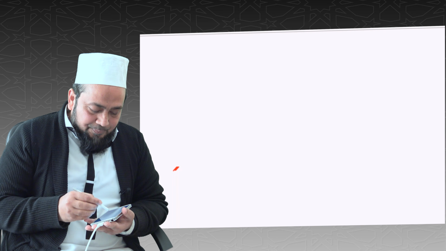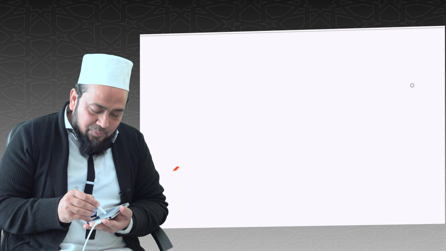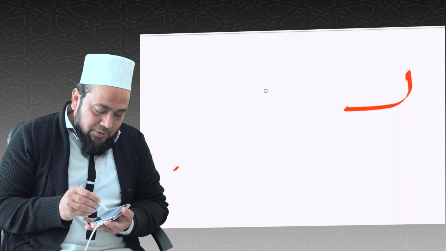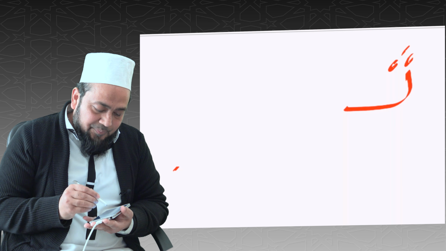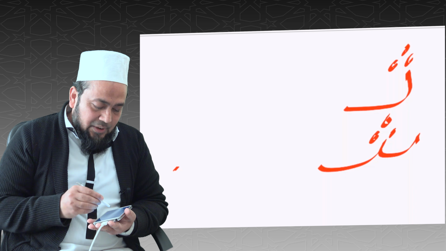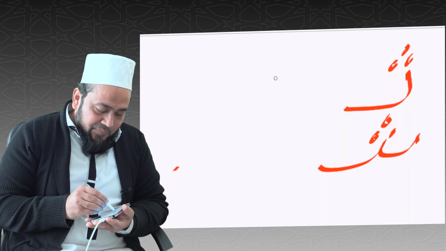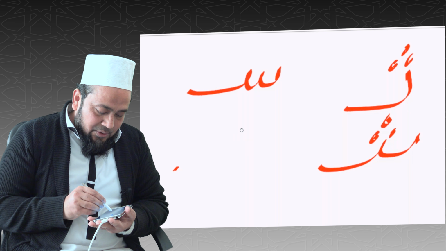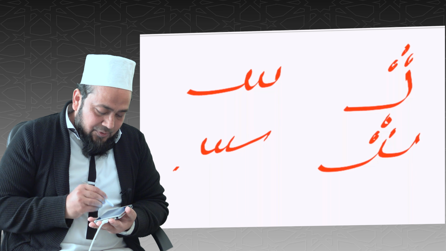Let me show you. The standalone shape of Tha is this one, beginning shape and middle of the word shape is this one. For the Shin, beginning shape is this one, middle of the word shape is this one.